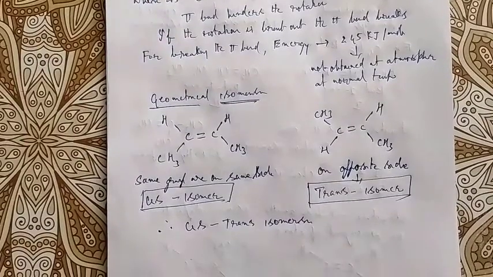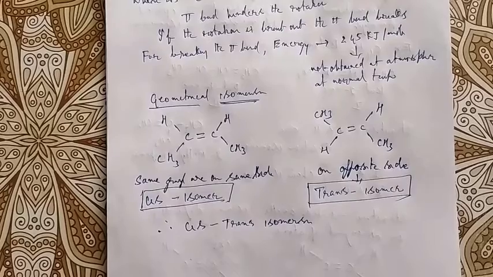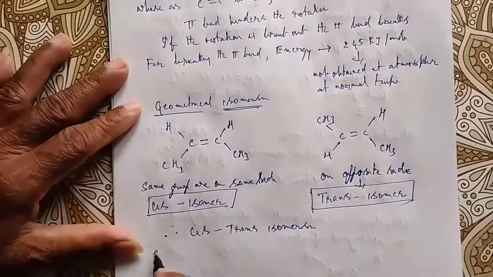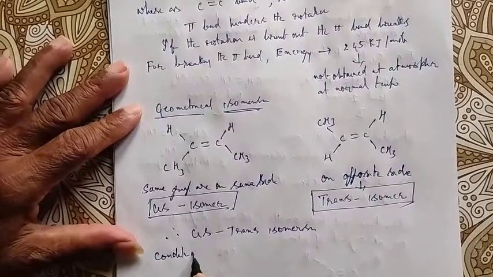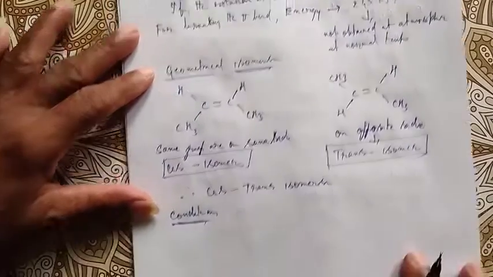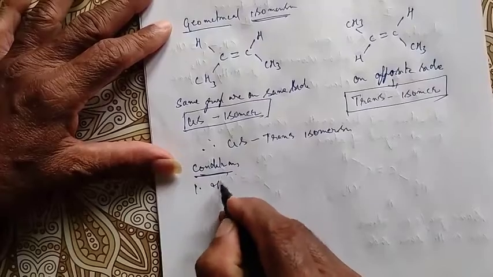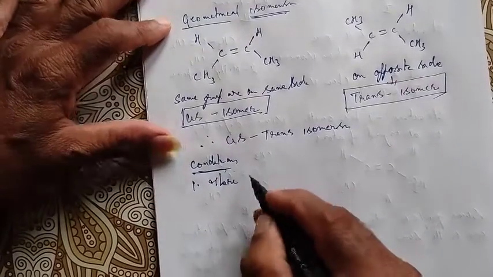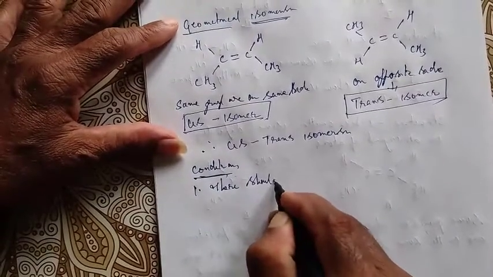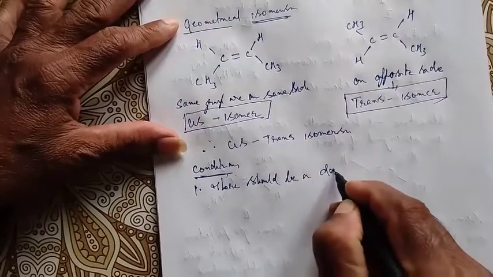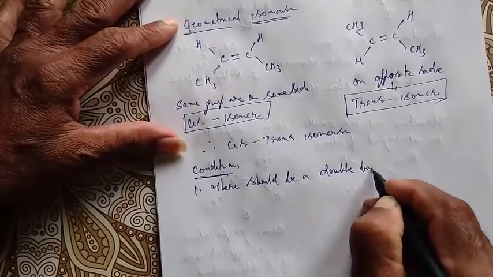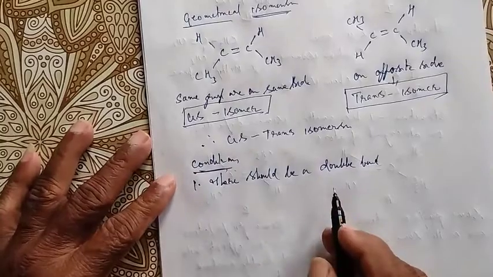Cis-trans isomerism. So for this cis-trans isomerism, what are the conditions? The conditions for cis-trans isomerism. Number one, there should be doubly bonded carbon atoms. There should be a double bond. That is the first condition.